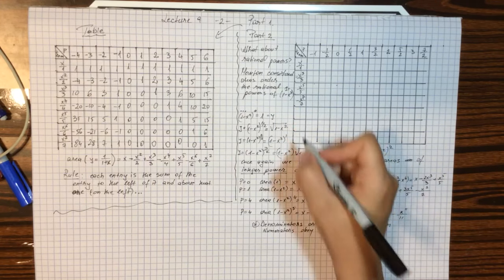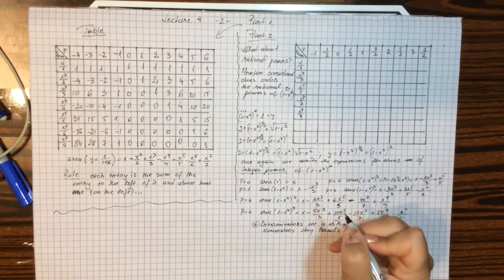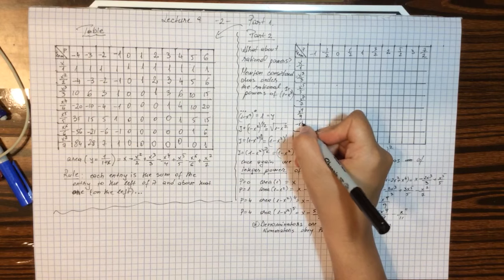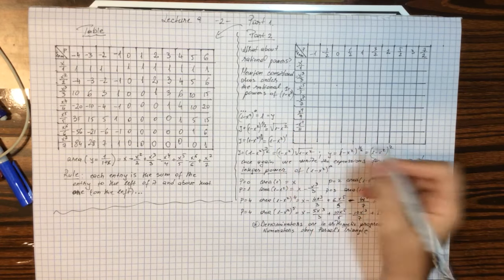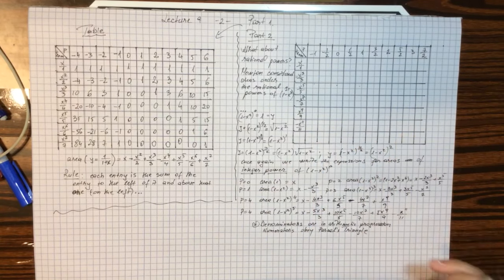The next one appears to be x to the 9 over 9. And then I have minus x to the 11 over 11. We'll just complete this so far.